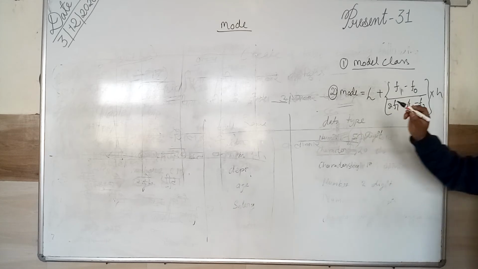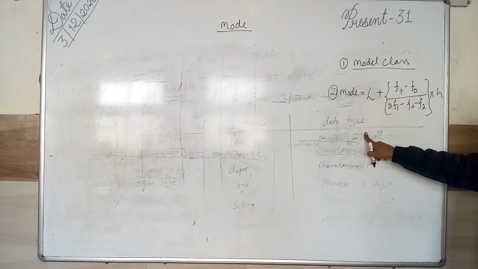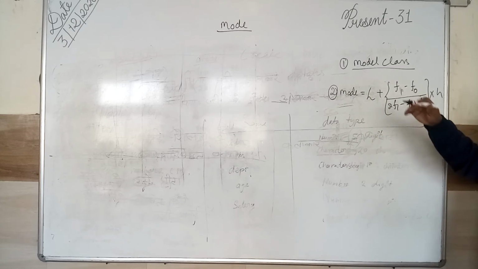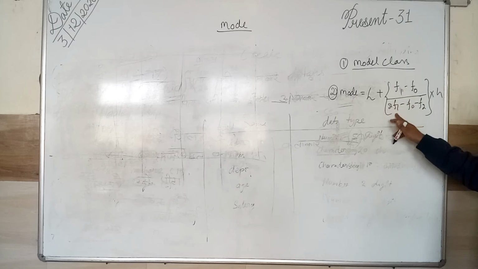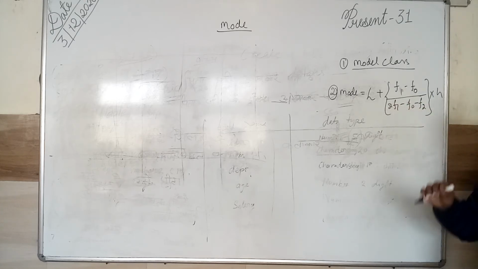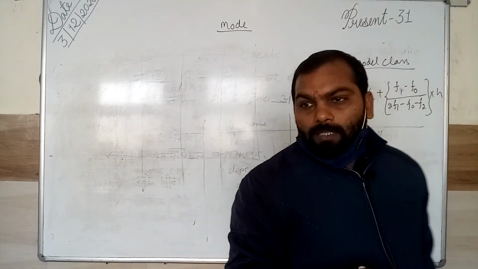Where f1 is the frequency of that modal class, f0 means the frequency of the previous class, and f2 is the frequency just below the modal class.